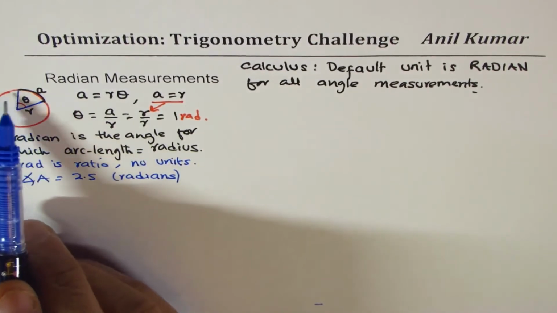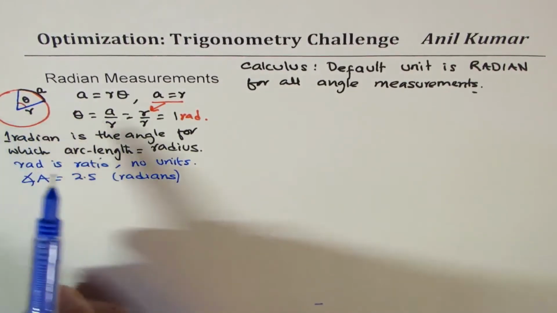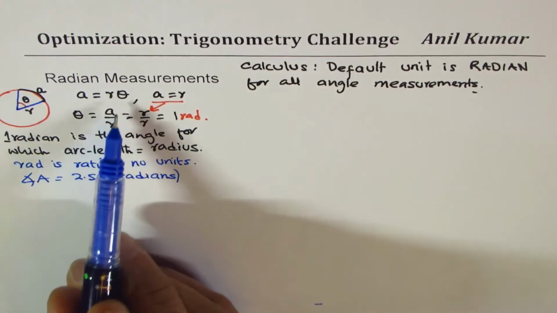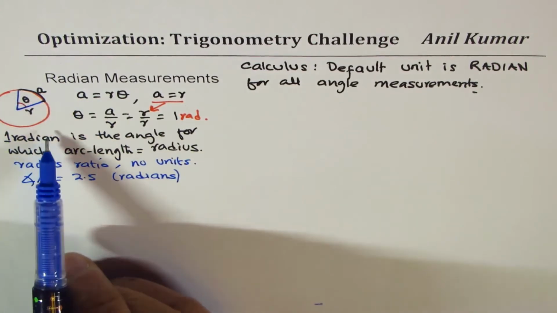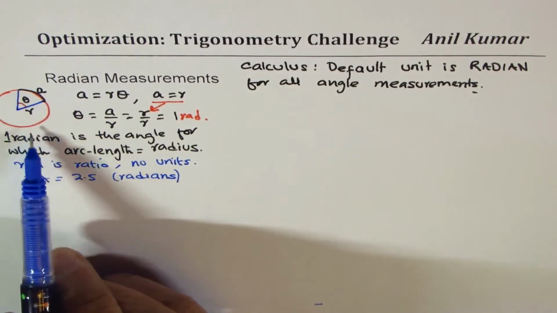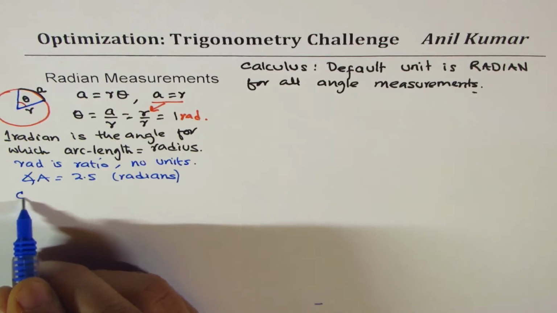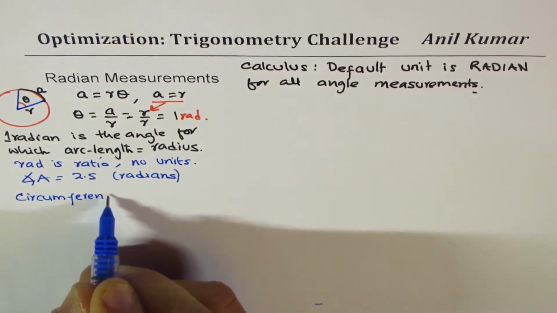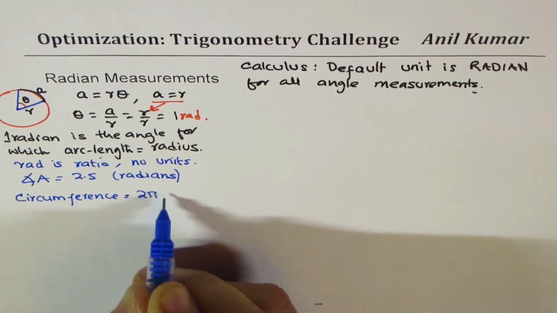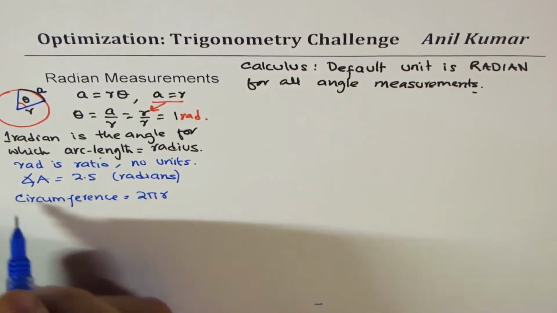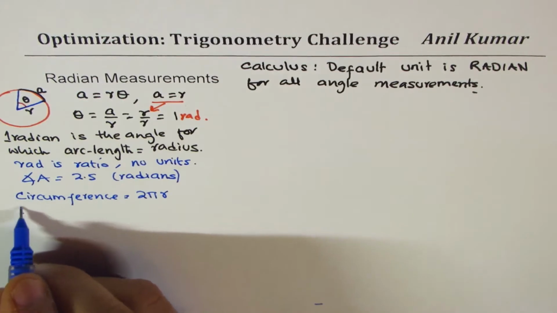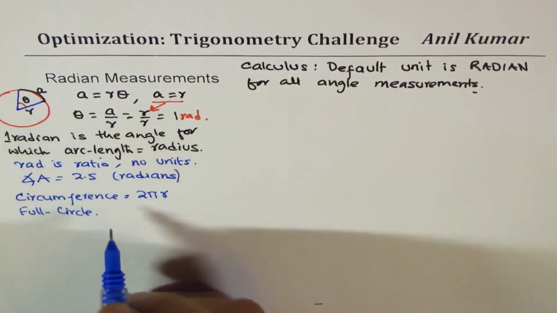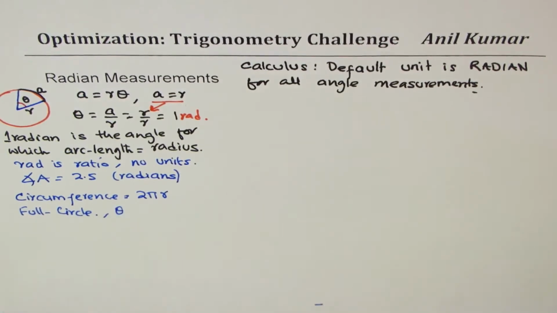Now from this definition that A equals R theta, we can find what theta is for one full circle. For one full circle, we know the circumference is 2 pi r, right? What is theta? This is what we need to find.